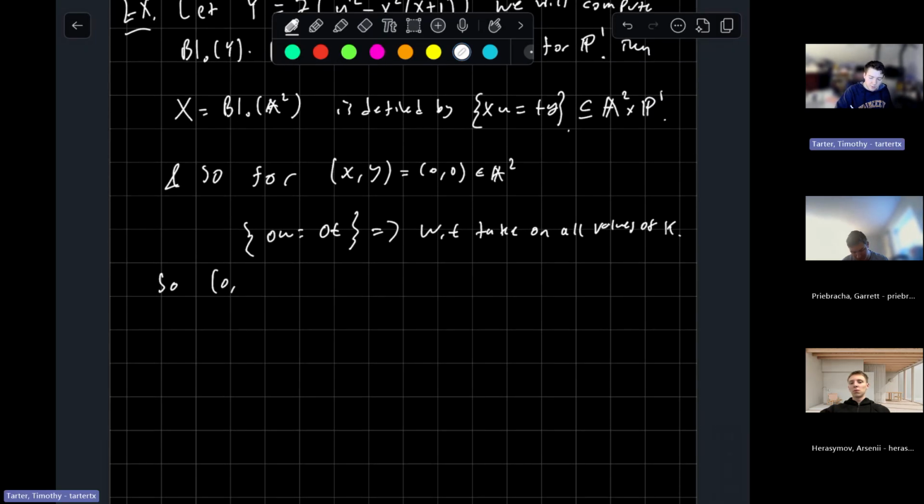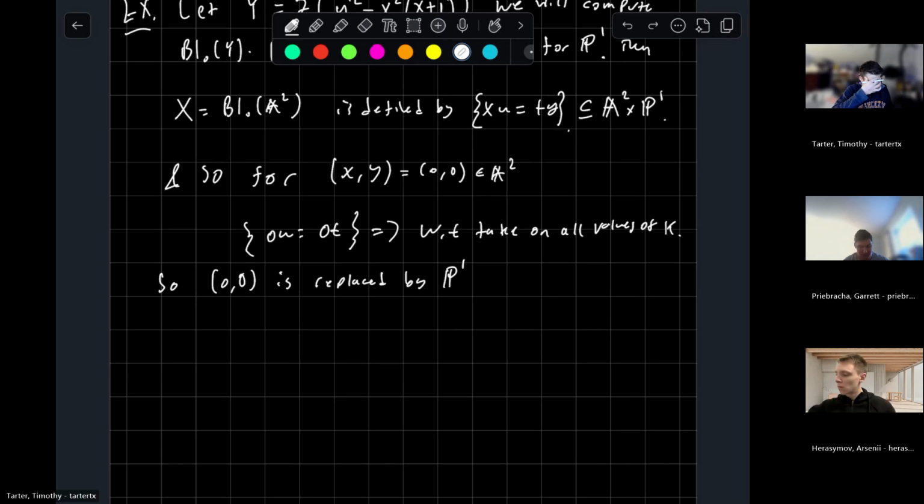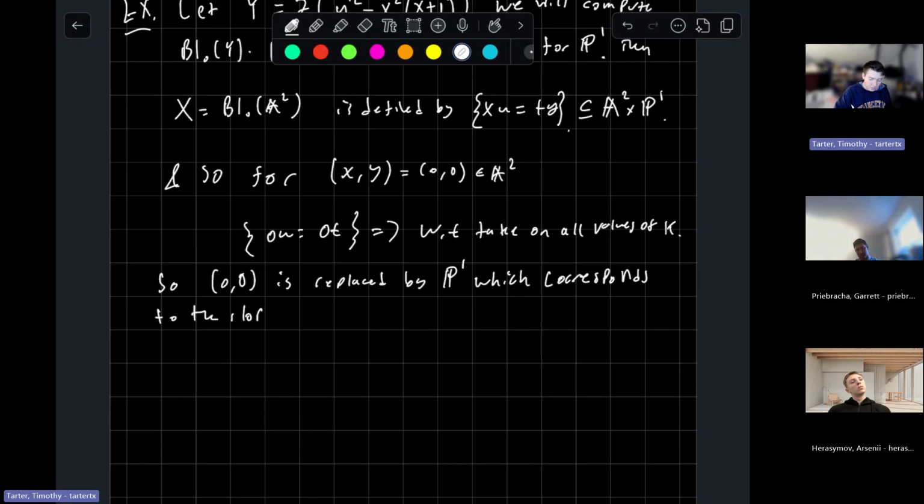And so 0, 0 is replaced by P1. And then this corresponds to the slopes of lines through 0.